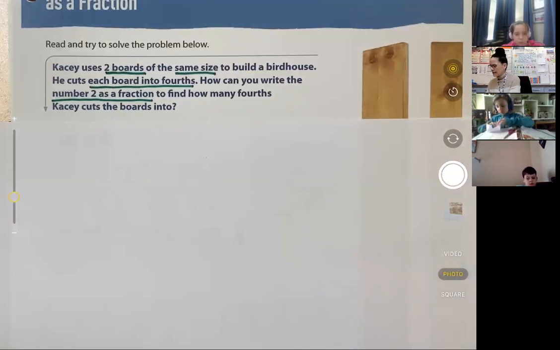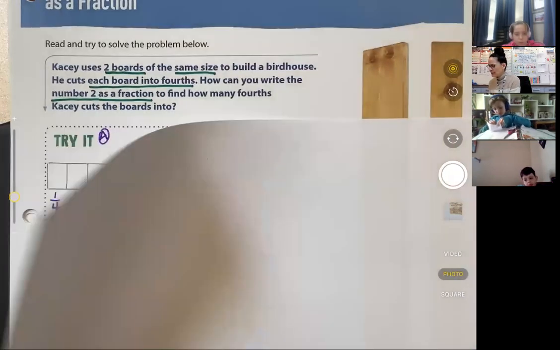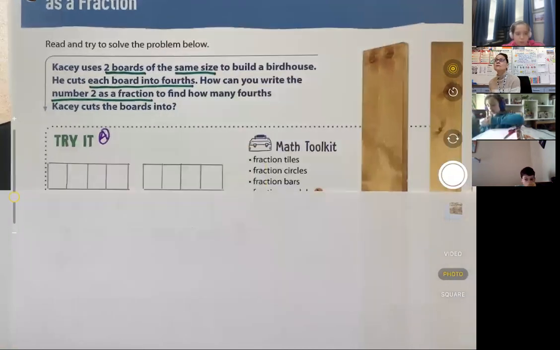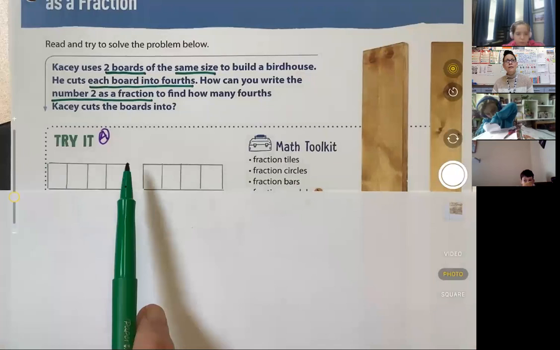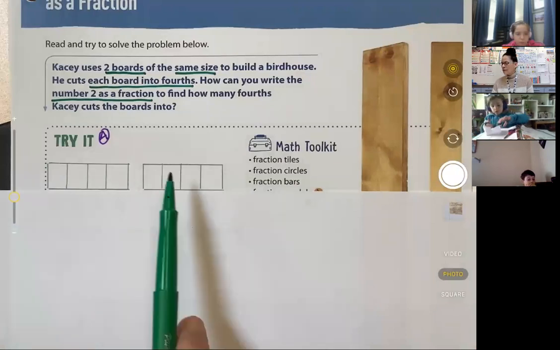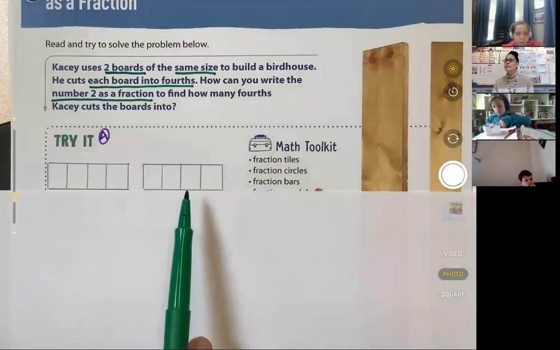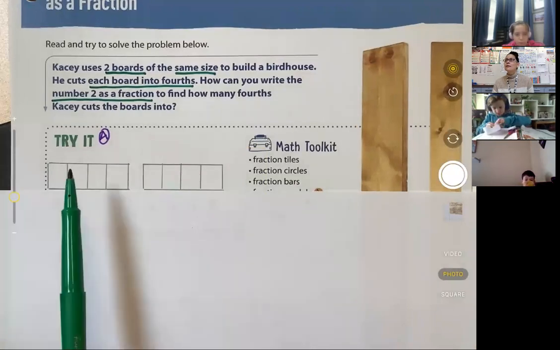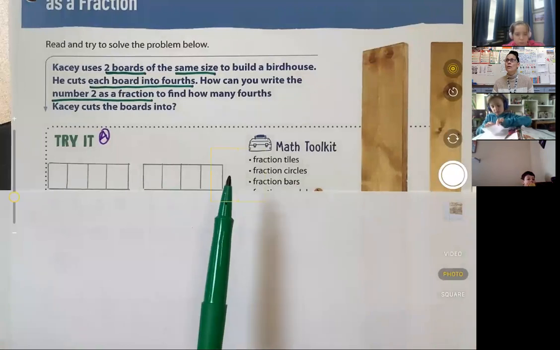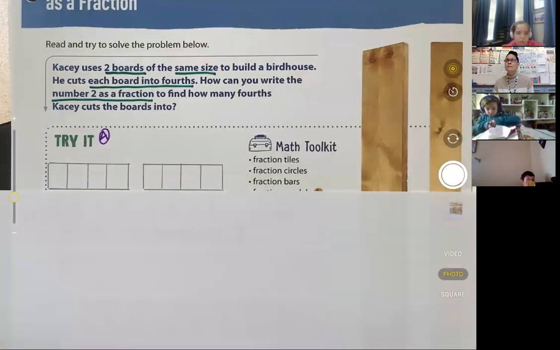The first thing that we need to do is draw our boards, two boards of the same size. Here's board number 1, board number 2. That's the first step. You need to make two wholes the same size.